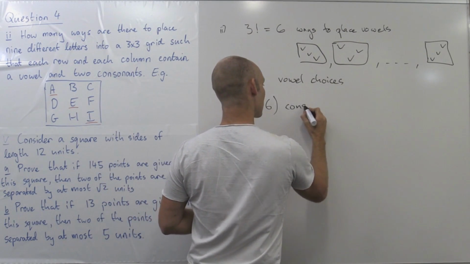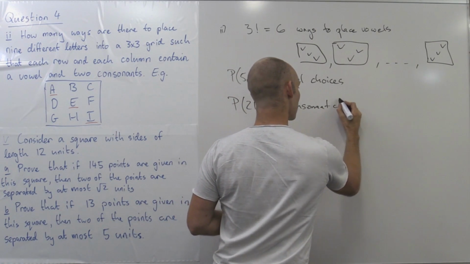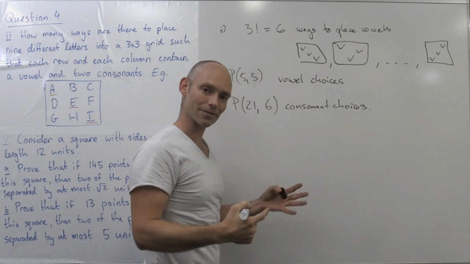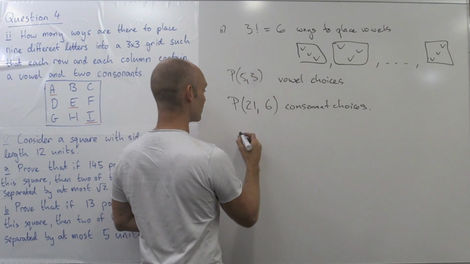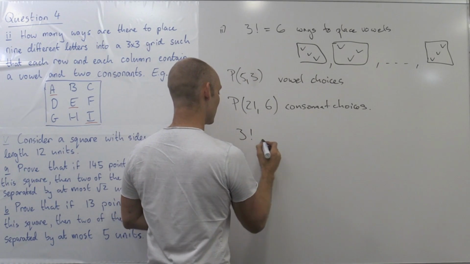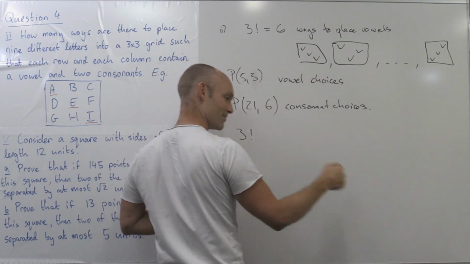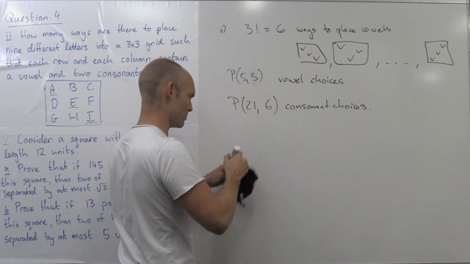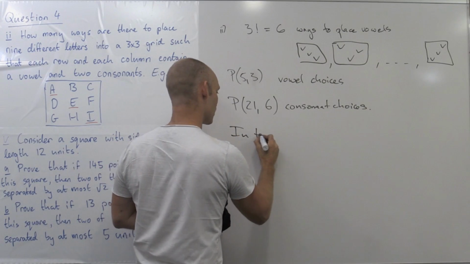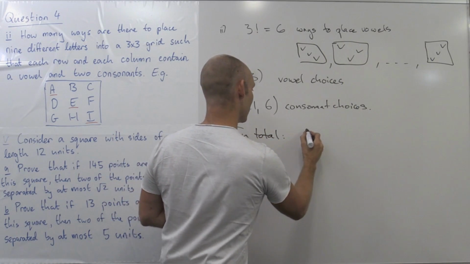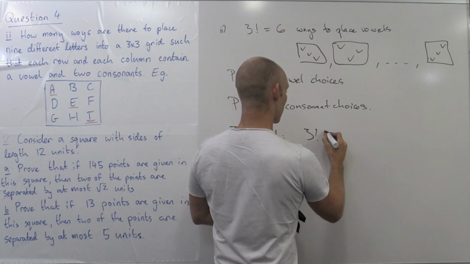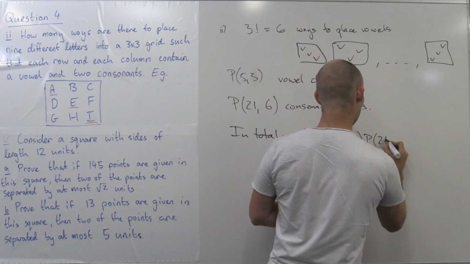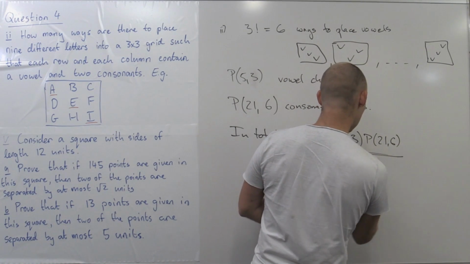So P(21,6) consonant choices, and then all of these 3 things that we've counted are independent of each other, so we can just multiply them together to get, in total, 3 factorial times P(5,3) times P(21,6), and that is your answer.